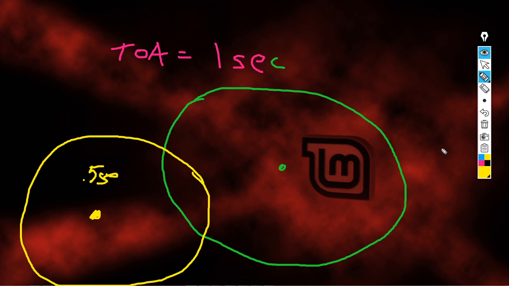And you see, so if we add another observer somewhere, and we have a time of arrival of, let's say, smaller this time. Let's say about 0.3. Then where they overlap, it is potentially the position of the shooter.